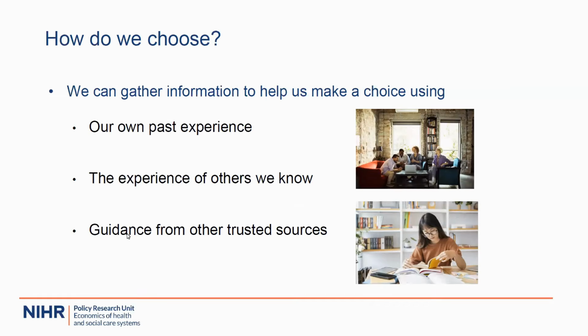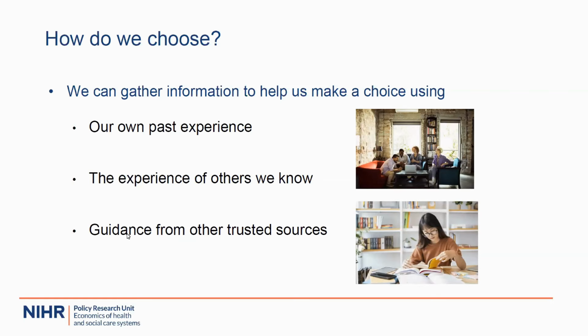So how do we make those decisions which we're obliged to make? We use lots of methods in our own lives. We use our past experience of when we have made a similar choice on a different occasion. We might use the experience of other people we know that they have made a similar choice, and we can ask how it worked out for them.